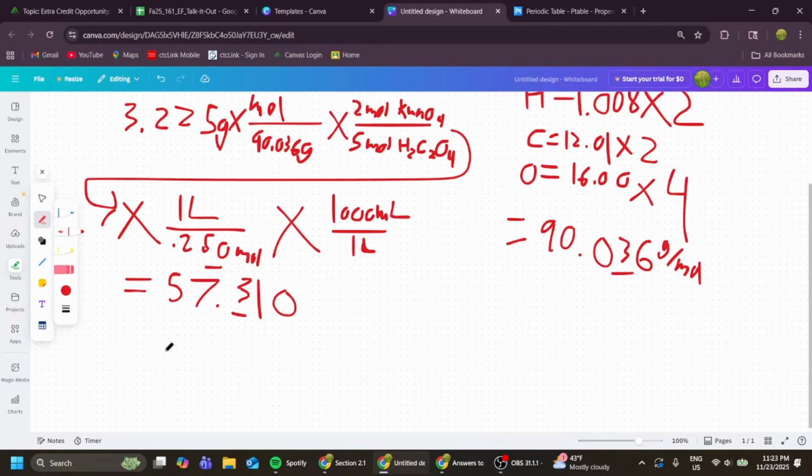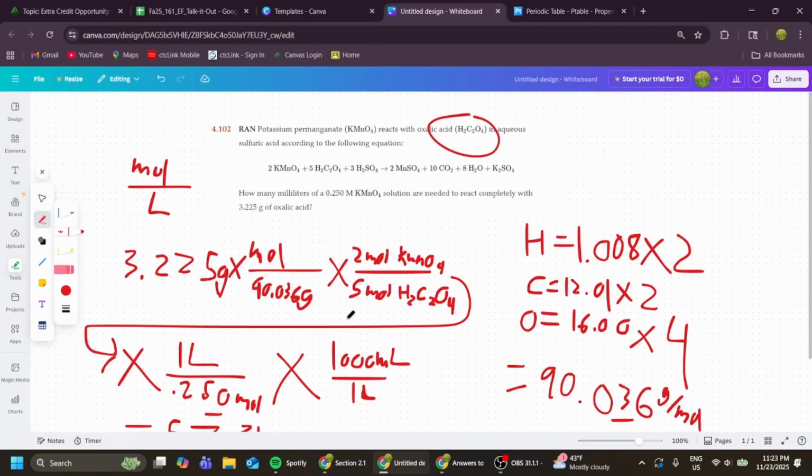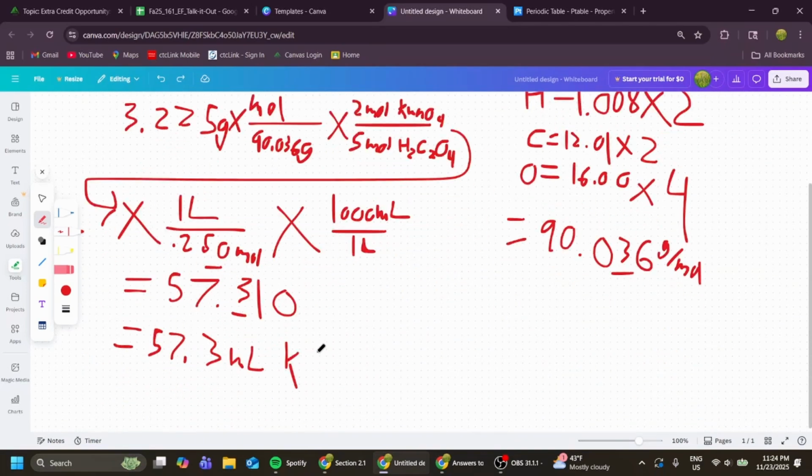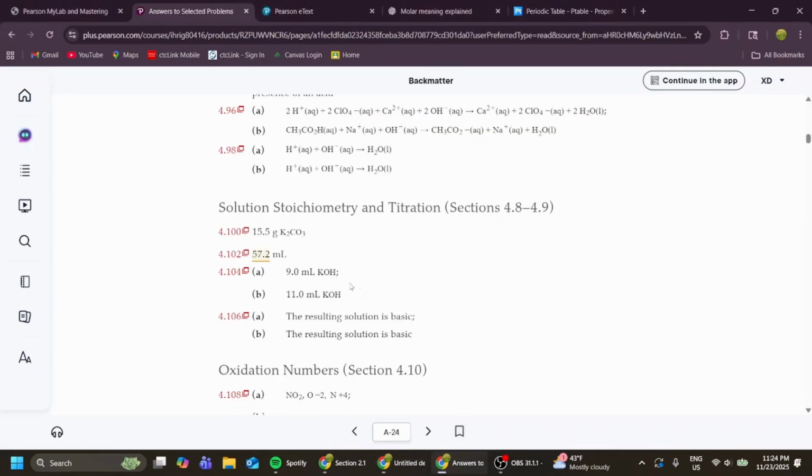So this would be 57.3 milliliters of potassium permanganate, KMnO4. There we go. Checking our answer, we have here 57.2 milliliters.